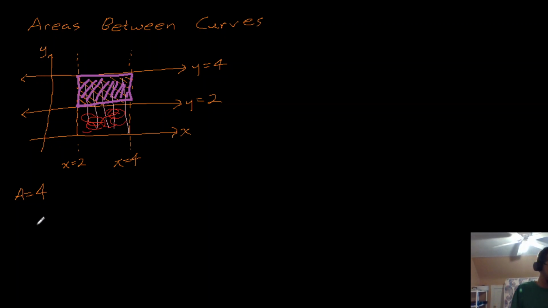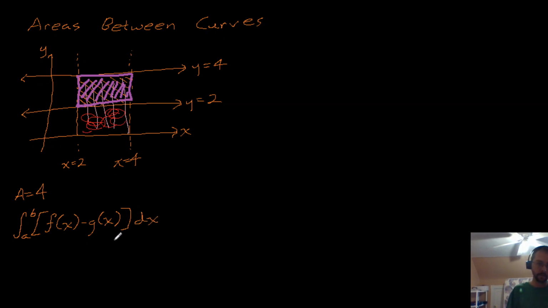And if we were to set this up, if you like to see things in general terms, that would be the integral from a to b of f of x minus g of x dx.